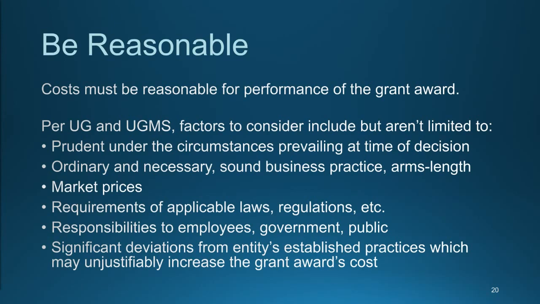So that's an important one to think about in terms of whether a cost is reasonable. If you do deviate from policies and procedures or your normal practices, you'd probably want to make a memo to your files or have something on hand to be able to explain why you did it, should you need to. What were the circumstances? What was the logic behind it? How does it benefit the grant, and why is it necessary? Next slide.